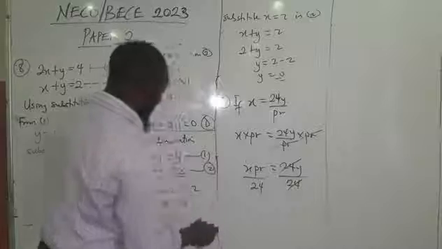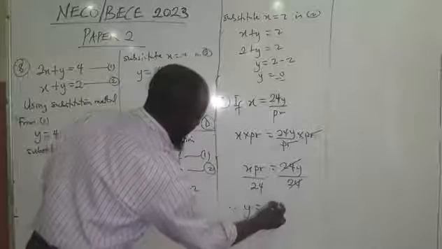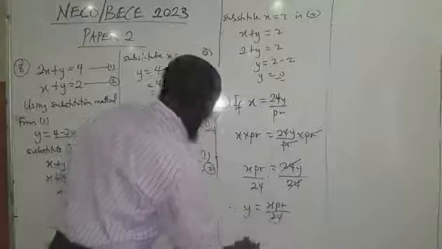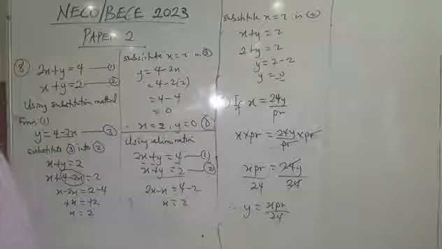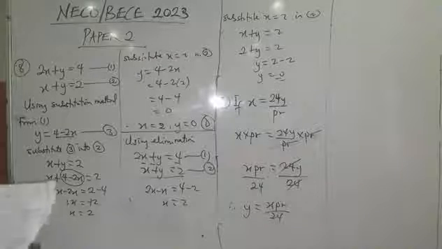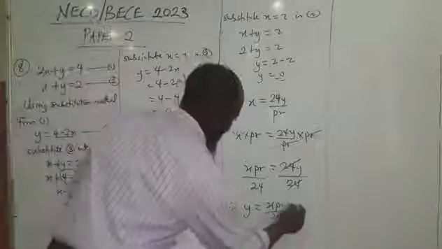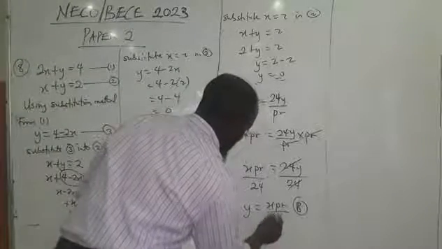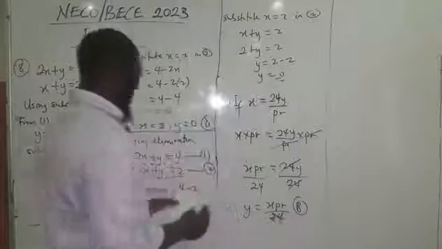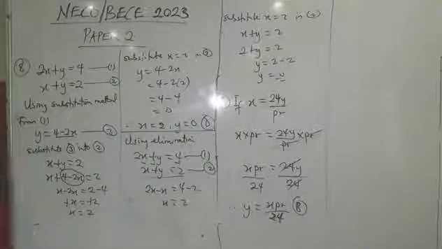Then we can therefore say that y equals xPR divided by 24. I hope this is clear. So that is option B. Option B.